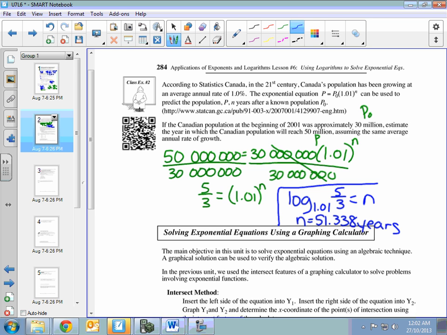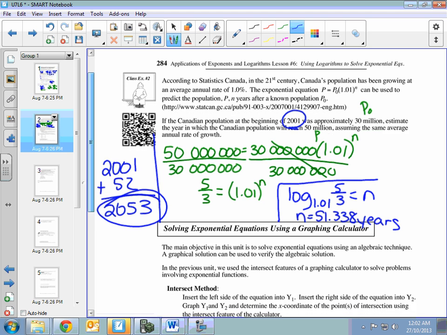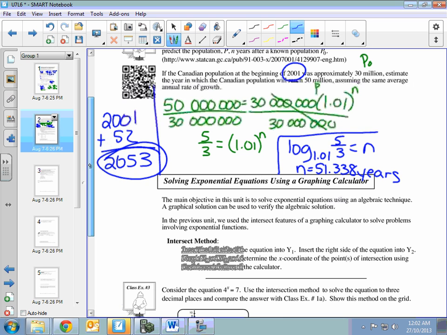Starting at 2001, 2001 plus 52 years is about 2053. That'll be our estimate. Always make sure to double check the question and answer it properly, because if you just said it'll take 51.3 years or about 52 years, you're not going to answer the question correctly. On the diploma, you will not get that right.